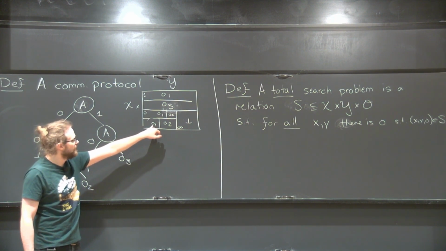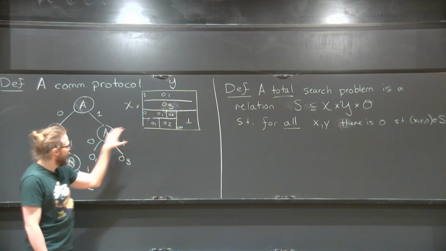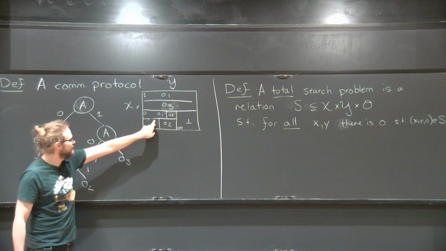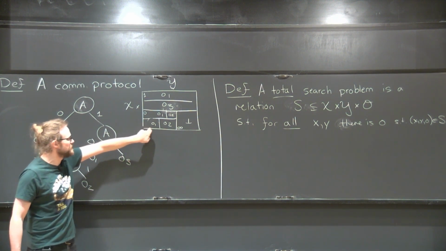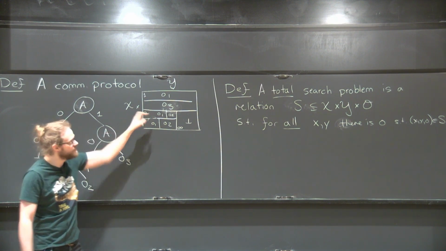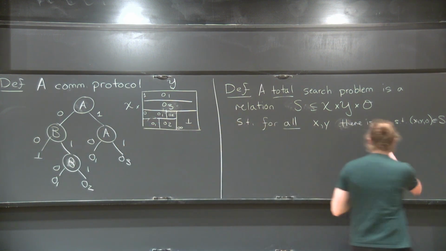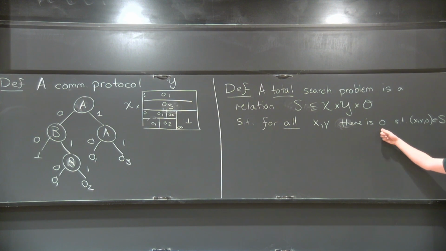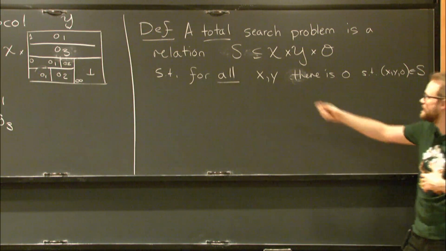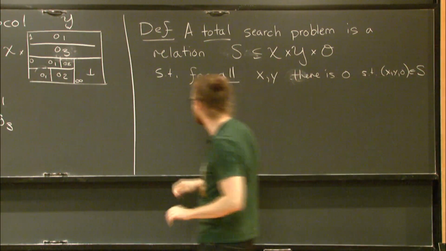So at the output of each of the leaves in this protocol, like we argued, every output corresponds to a rectangle in this communication matrix. So I'm going to be particularly interested where not only is there an O, but in fact each O will correspond to a rectangular set in this X cross Y. So I'll define what I mean by that.